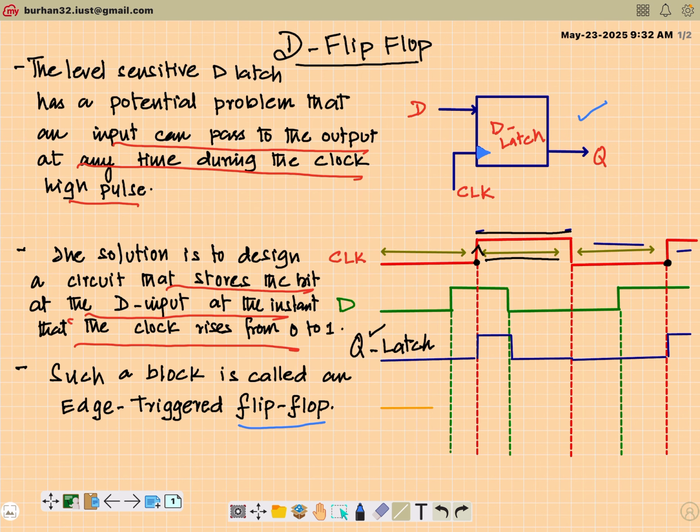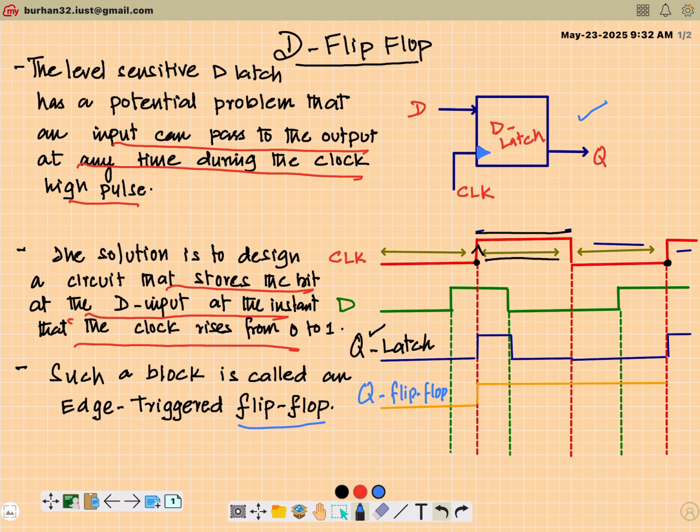Up to this instant, it will be low. Then it will only check the data at this instant. At this instant, my data is high, so it will go high. And then it does not care about what is happening with the rest of the clock. So it will stay high and then again check the data at this instant. So this will be the typical output of a flip-flop. And you can see the difference.